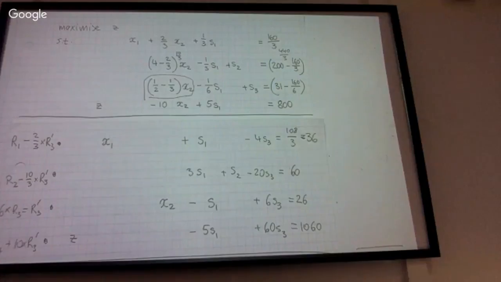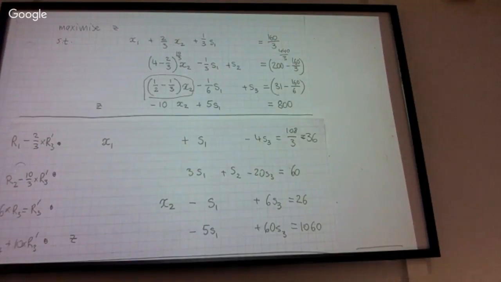I find the negative coefficient of -10 here. So x2 is the variable that enters the basis. If I have several negative ones, I can pick any one I want. Typically, I pick the one with the largest absolute value, the most negative. So x2 enters the basis.